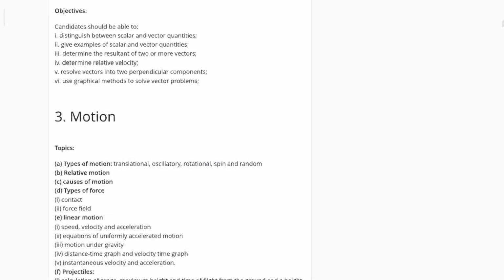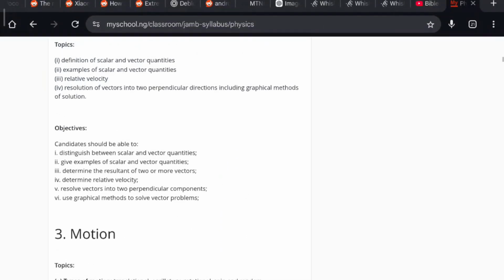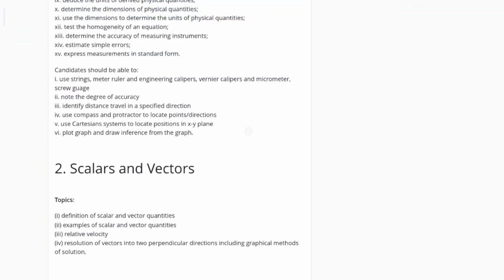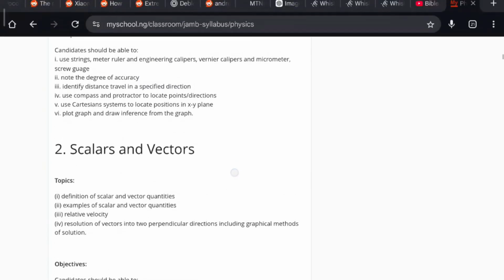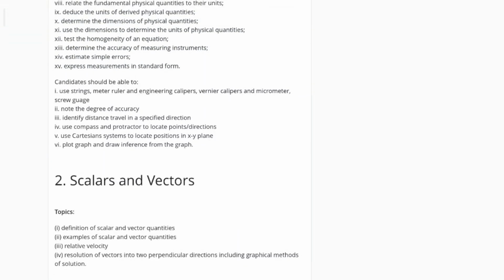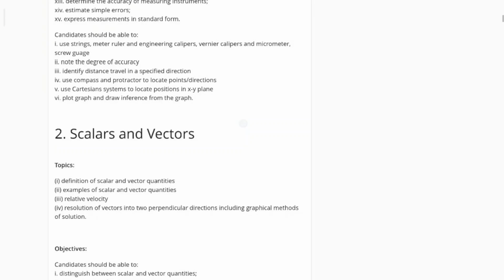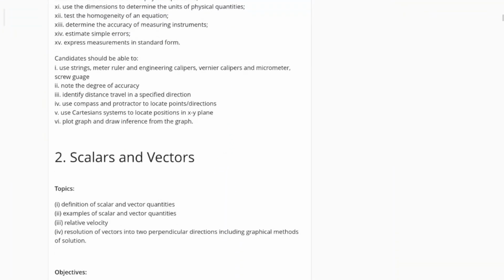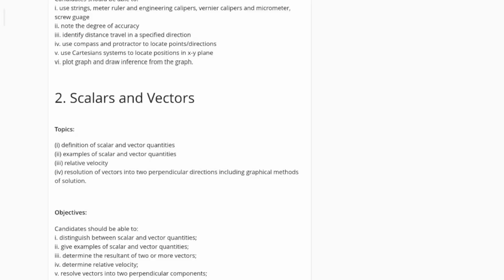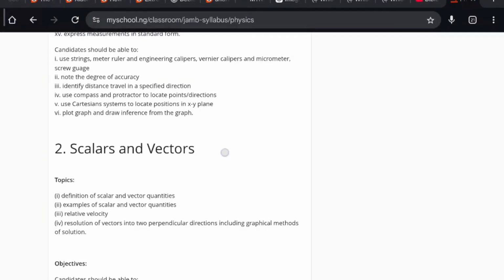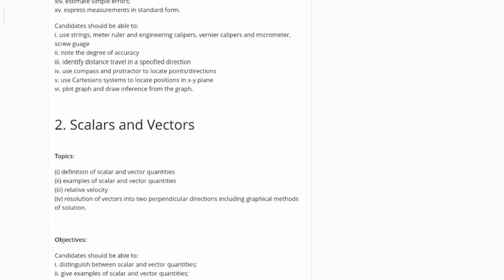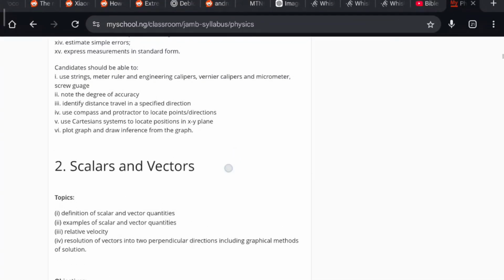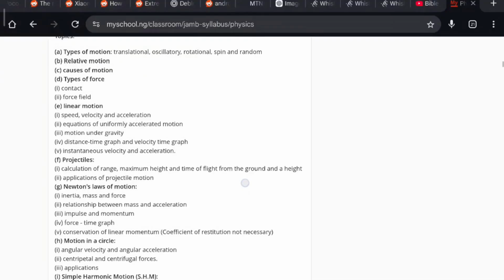Now, I'm giving you this idea because I've coached students in the past who were able to score 360, 350 something, 340 something, and in physics the lowest was 96, the highest 98, in between 96 and 98. So I'm speaking from experience here. If you pay attention, you pass your exam perfectly.